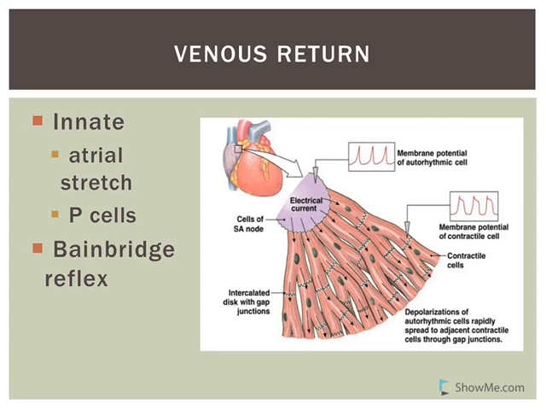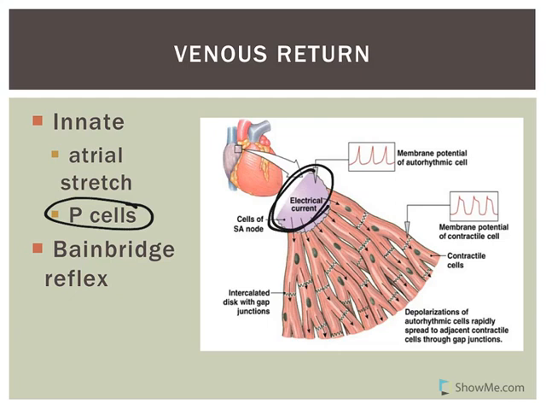But we also have an increase in heart rate that's not mediated through the autonomic nervous system, that's affected by venous return. In your right atria, you have those pacemaker cells, the P cells. If you have an increased volume of blood in the right atrium, it stretches those P cells, so that's going to have mechanical effects.